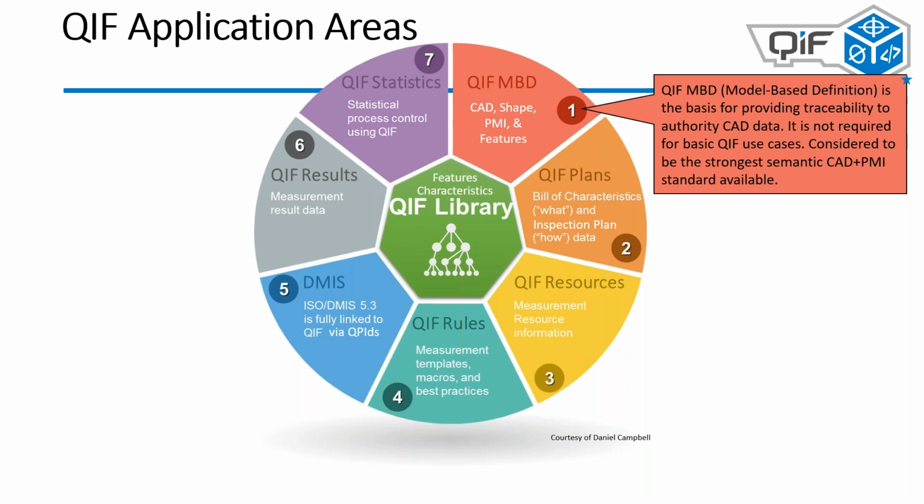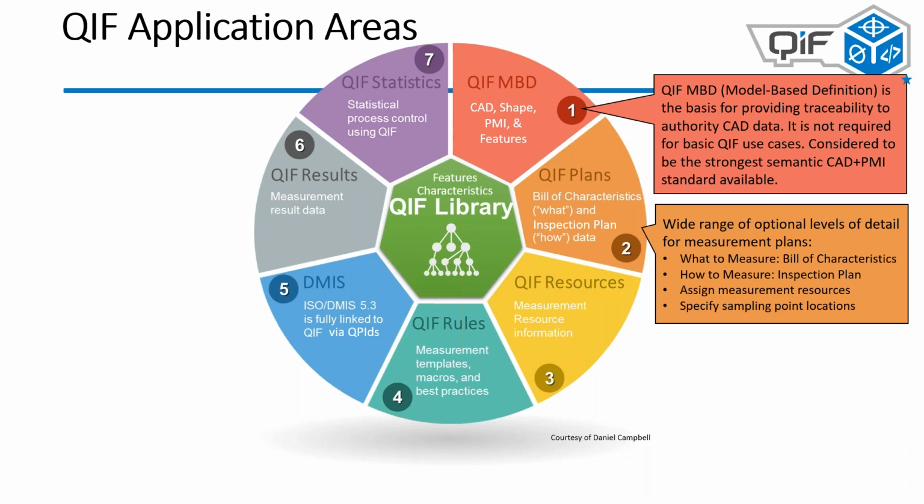It provides us this opportunity to represent your MBD in a QIF XML format that contains the shape, those features, the PMI/characteristics. And since quality lives and dies by the PMI, we believe that the QIF MBD has the strongest semantics of PMI as a standard.